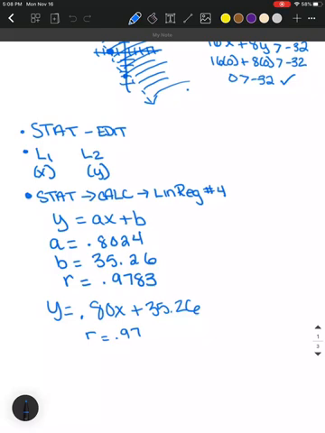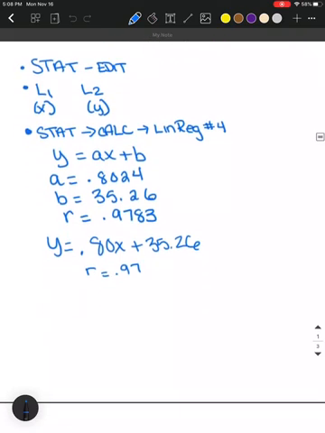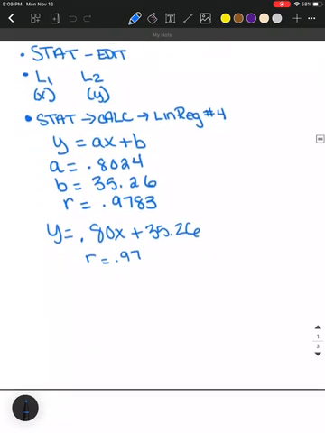So that means it's really close to a line. We're going to do the exact same thing for number 4 as well. Okay, so you're just going to have to input the data into L1 and L2.